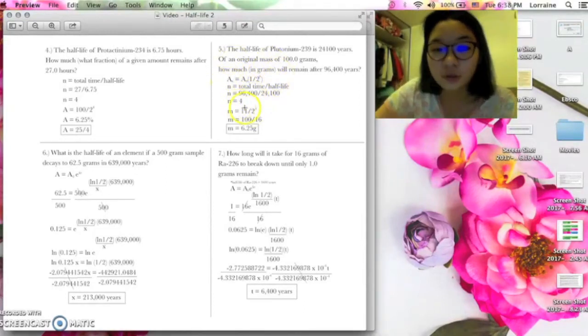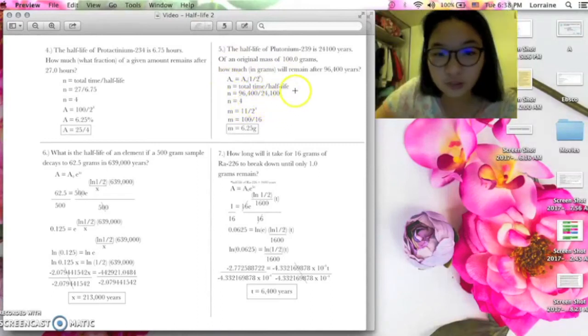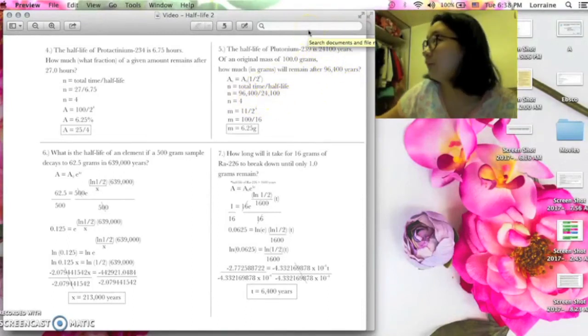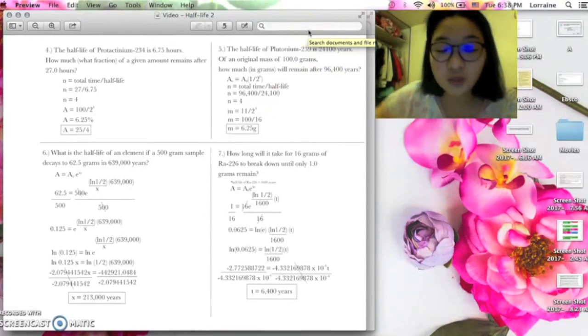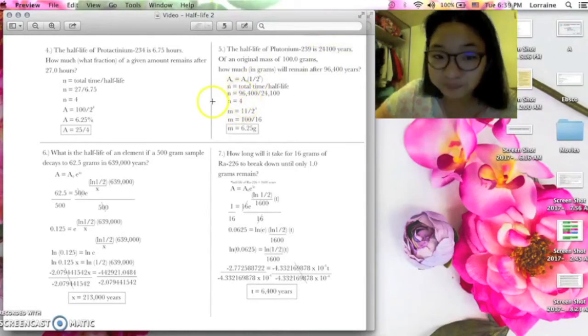Like n once again equals total time over half-life, like what I used here. So n equals 96,400, which is the total time, over 24,100 years, which is the half-life. And then we get the answer 4.